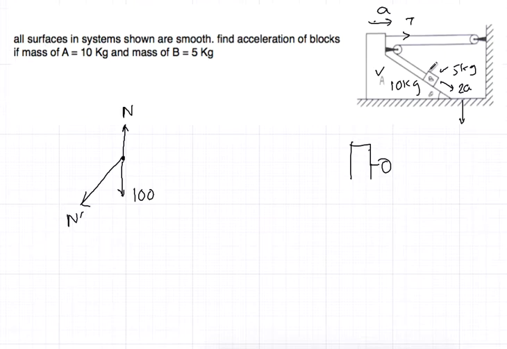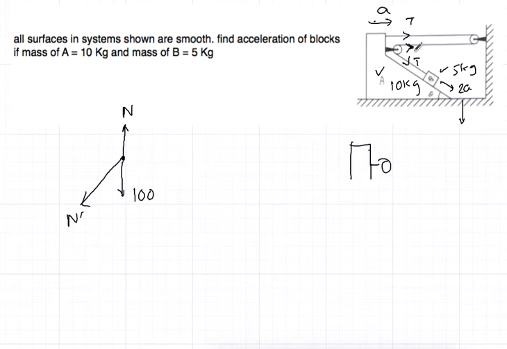And there is a tension T over here also. These tensions will work in this direction, and there is another tension in this direction. So all these tensions are going to work on it.